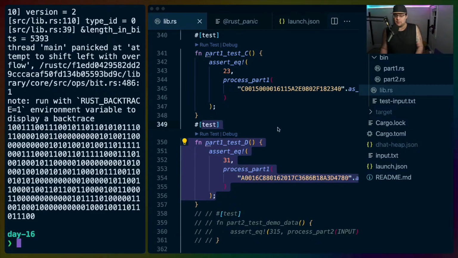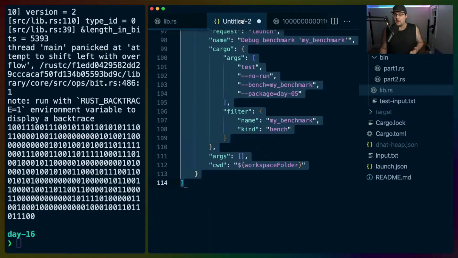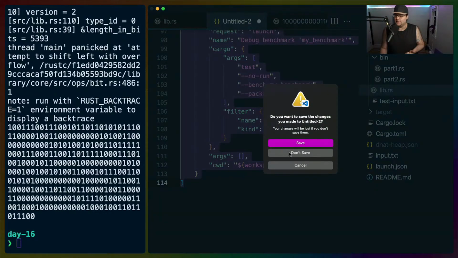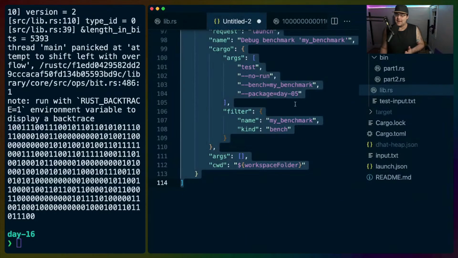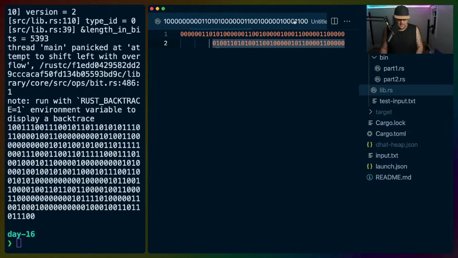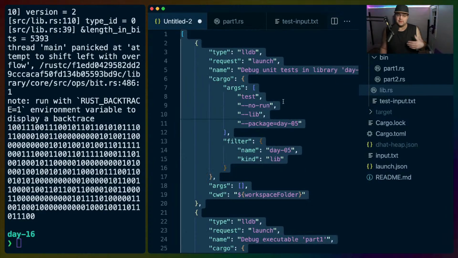But when I run it on the actual input, it doesn't. And I know exactly why, because I used the debugger to actually step through the program and evaluate what everything was at different points. And I noticed exactly when in my program the problem was happening.